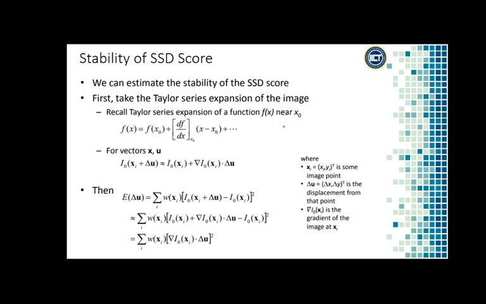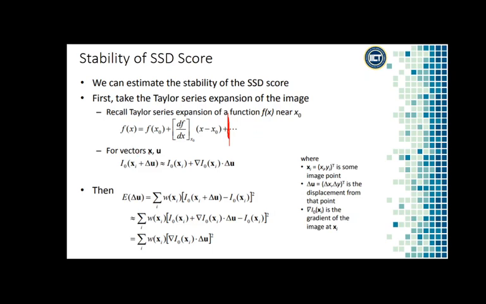So what we can do is estimate the stability of the SSD score by taking the Taylor series. In the Taylor series, we first take the function of the intensity values and then their differentiation along with the subtraction. As you move forward, you can have higher order derivatives, but we do not want the higher order derivatives, we just need the first order derivative.